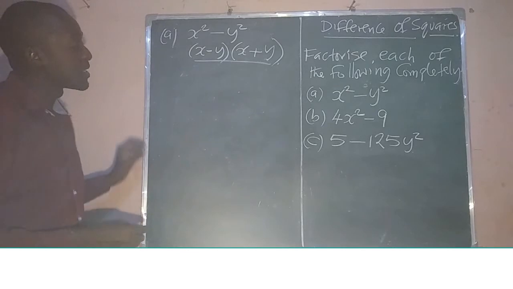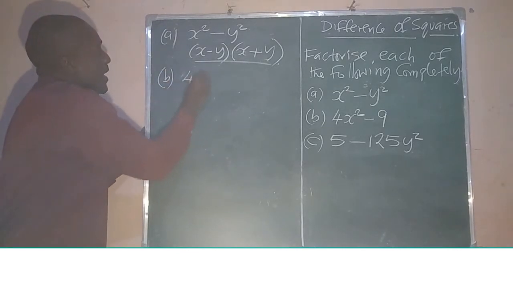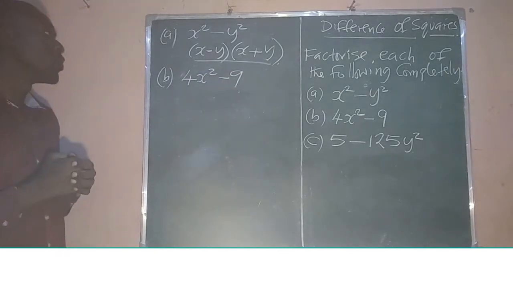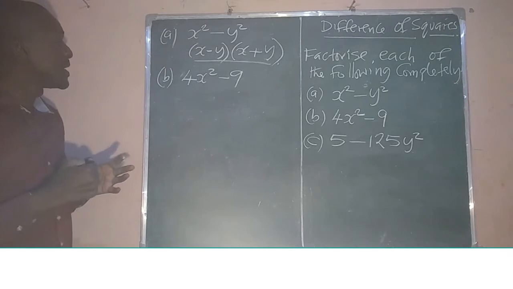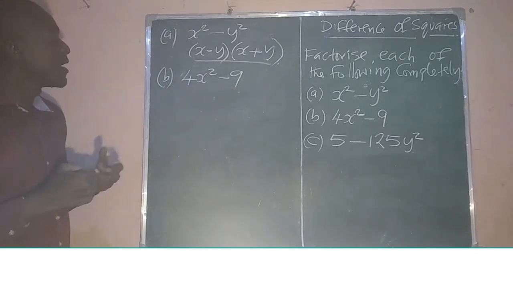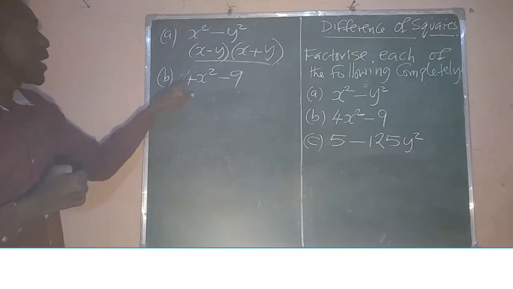Let's go to the next question, part B, which says 4x squared minus 9. What are we going to do here? One thing you notice is that we have 4 here and 9 there, so you can try to find the square roots of these two numbers. What is the square root of 4?